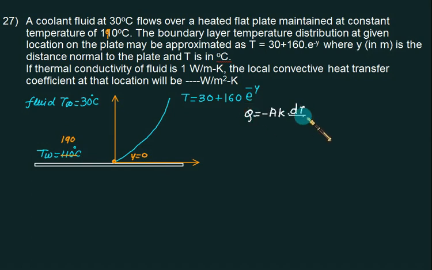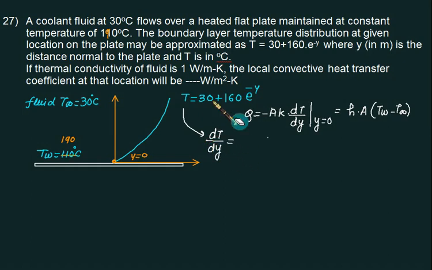This time we'll use Fourier's law and Newton's law of cooling. We have Q equal to minus A K into dT by dy equal to h into A into TW minus T infinity. From the temperature distribution we can find out dT by dy. So dT by dy is simply minus 160 e to the power minus y, which at y equal to 0 gives minus 160.